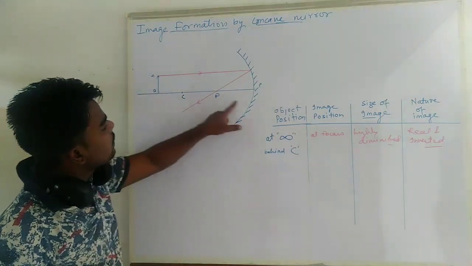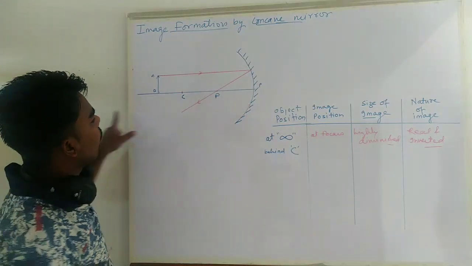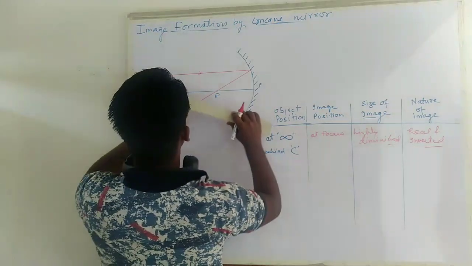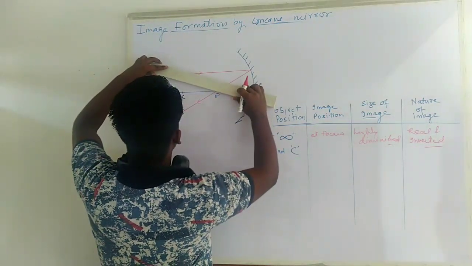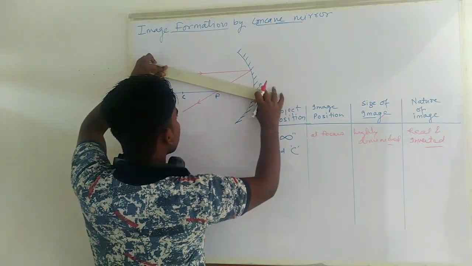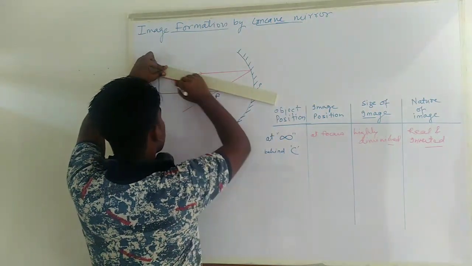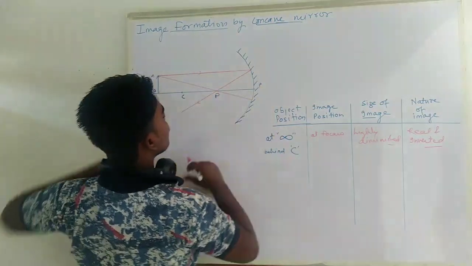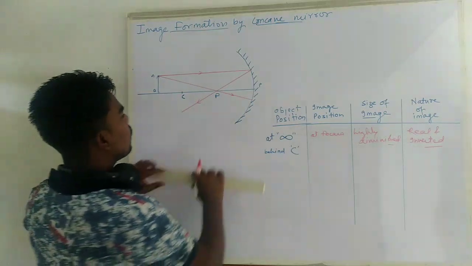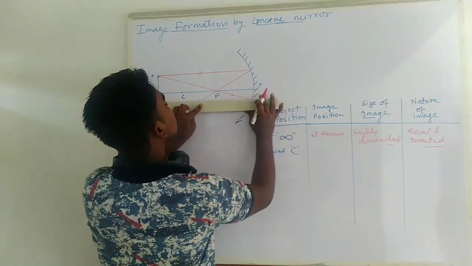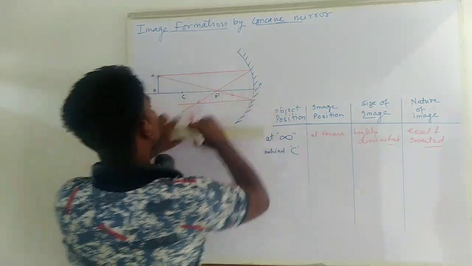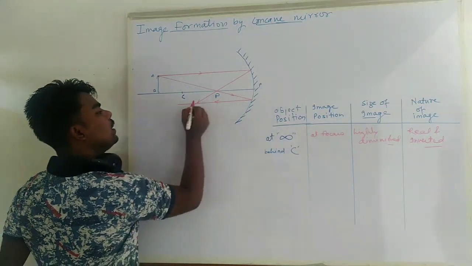Second, if a light ray is passing through the focus and incident, then it will reflect back parallel to the principal axis. So we will take this one. If the light ray is passing through the focus, after reflection it will go parallel to the principal axis.